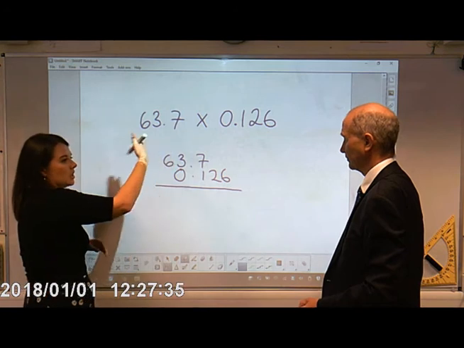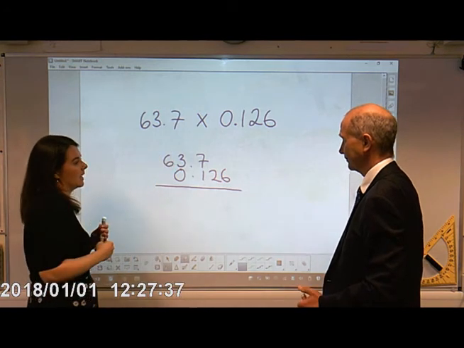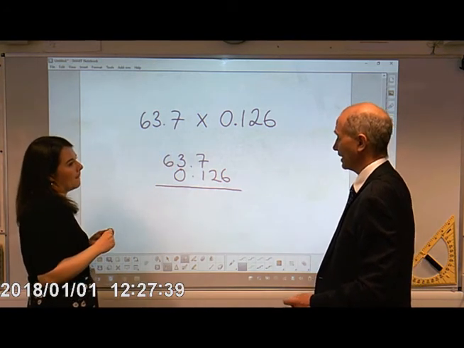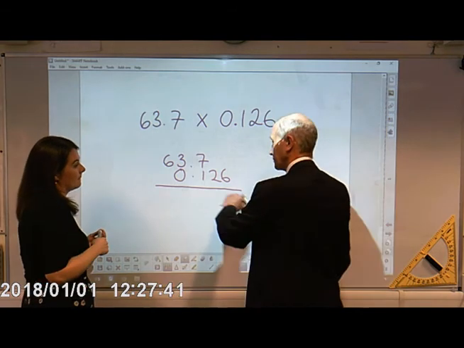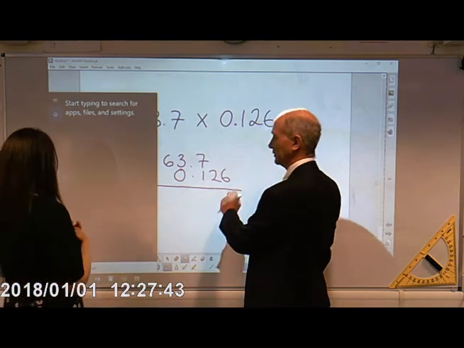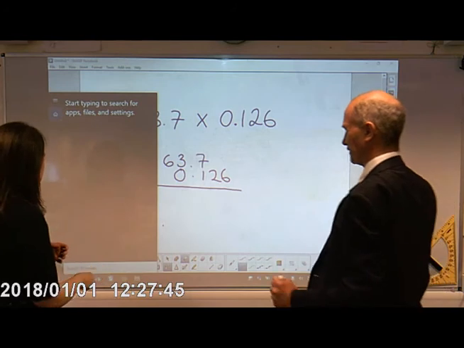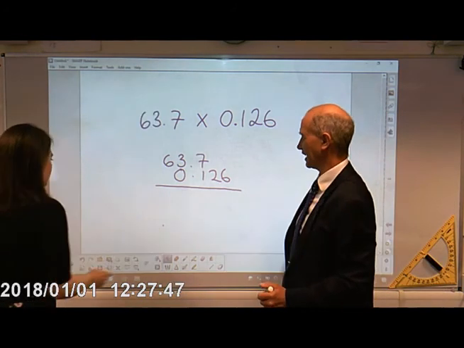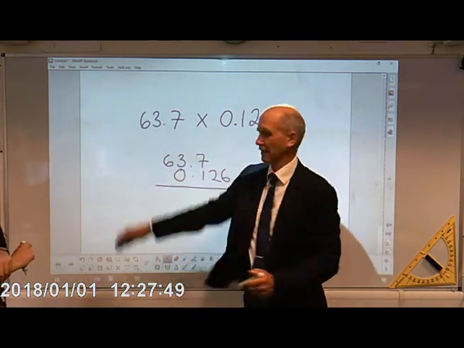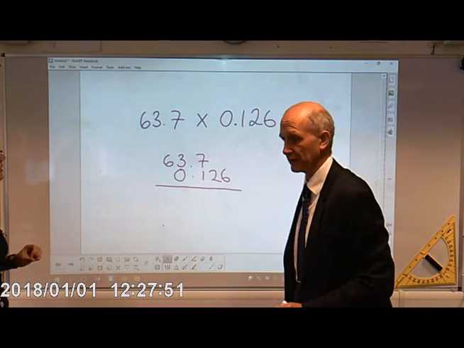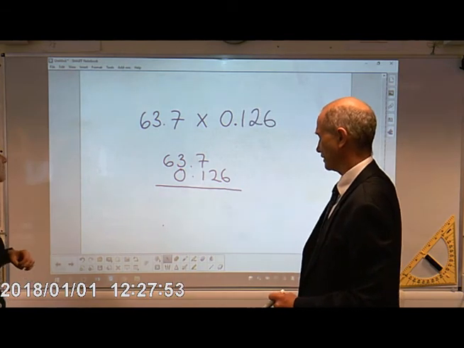Column method is actually all about the numbers being in their right place values. You can get away with multiplying without it, because you can just put the points in afterwards. But with adding and subtracting, definitely line them up, without fail. That's where you're going to go wrong with your place value again.